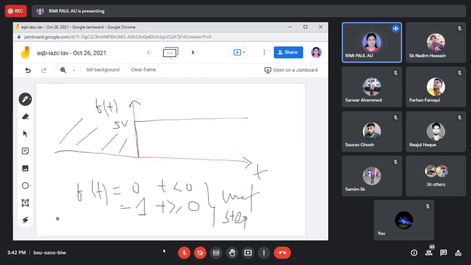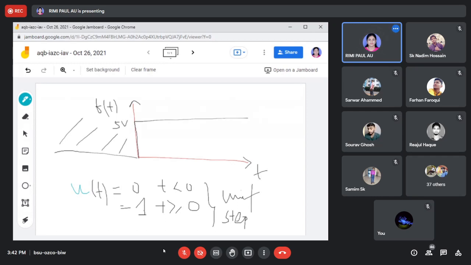Then for this particular unit step function, we will represent it as u(t). So whenever I say u(t), you can consider that it is represented as a unit step function.